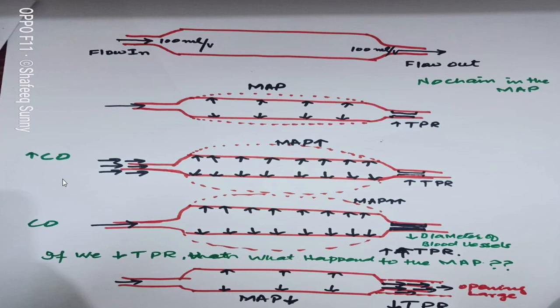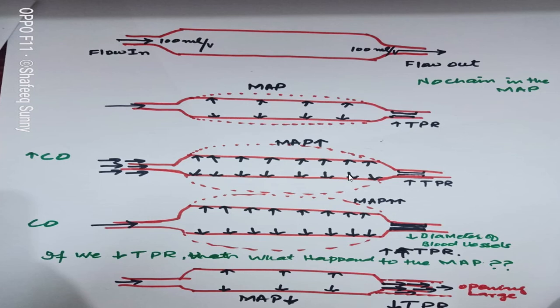In the next scenario, what will happen if the cardiac output is increased at the start of this flow in, while the total peripheral resistance is the same as the previous one?